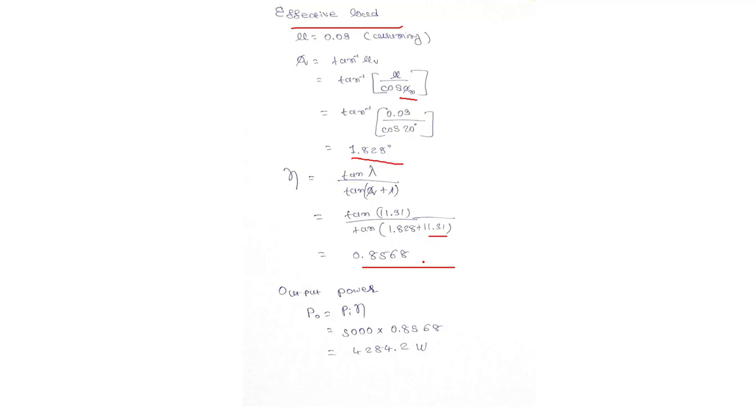Now for output power, we know the input power is 5 kilowatt or 5000 watt. So output is Pi into eta, which is 4284.2 watt.